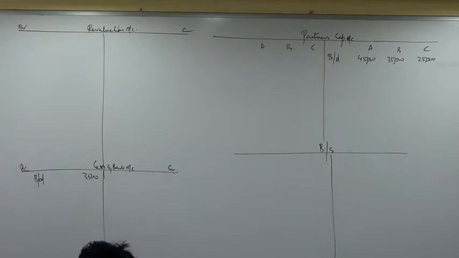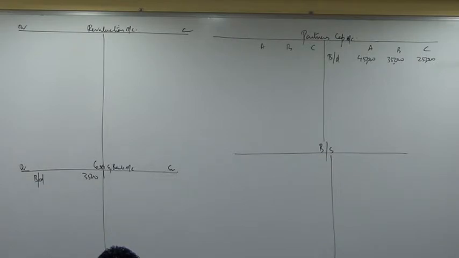Now let us start. Before we start, you can see some accumulated reserves in the balance sheet. Reserve 15,000, P&L account 12,000. That reserve and that profit and loss account balance has to be shared among all the partners in their old profit sharing ratio. Reserve is 15,000, shared among A, B and C in their old profit sharing ratio.